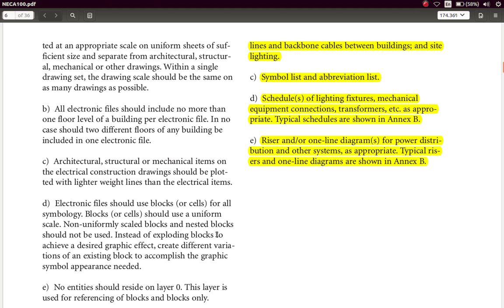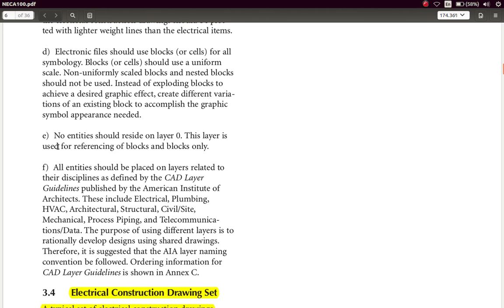Instead of exploding blocks to achieve a desired graphic effect, create different variations of an existing block to accomplish the graphic symbol appearance needed. No entries should reside on layer 0. This layer is used for referencing of blocks and blocks only.